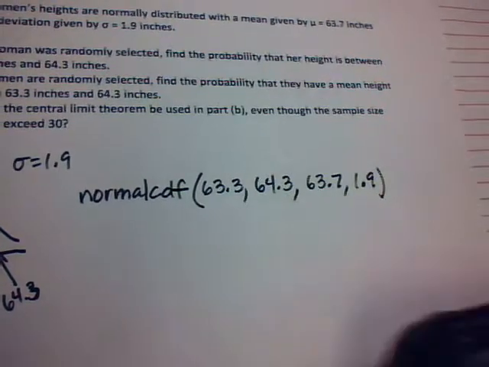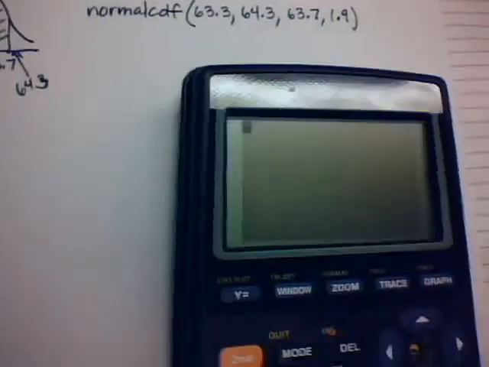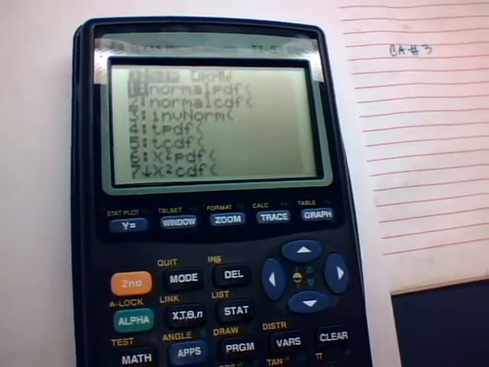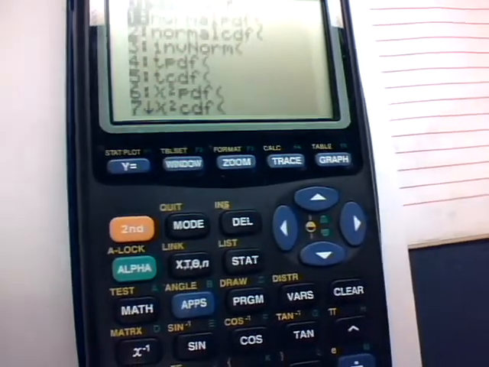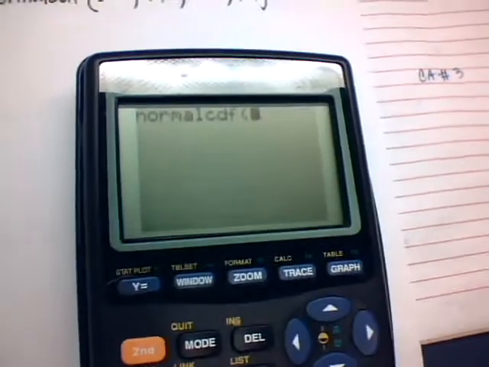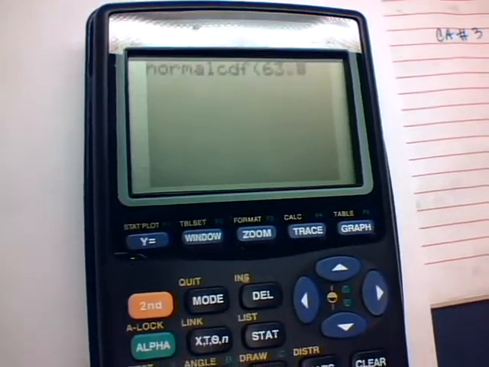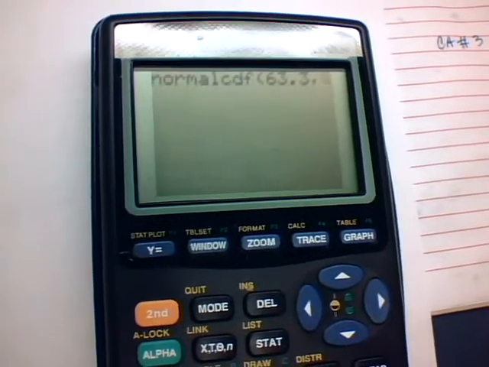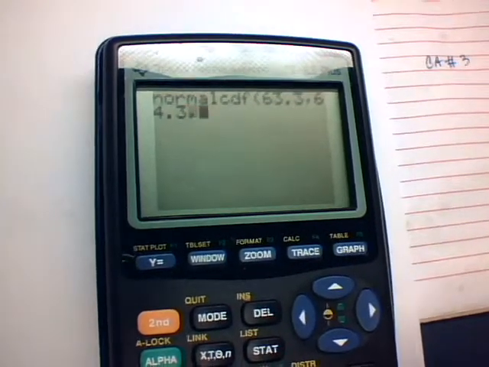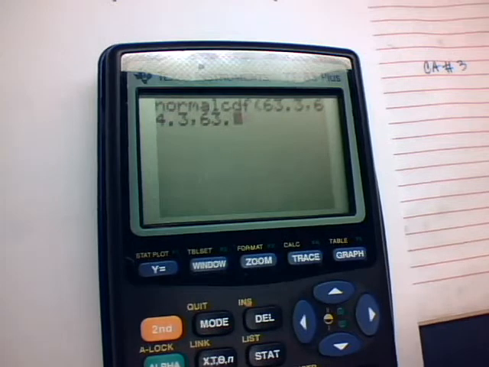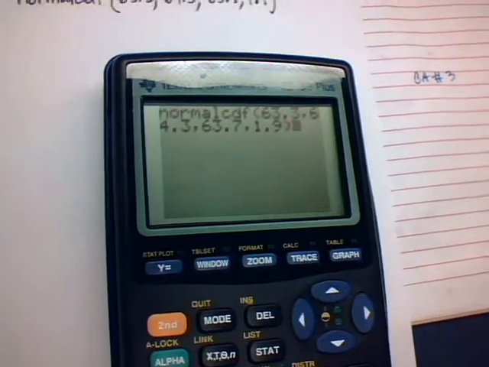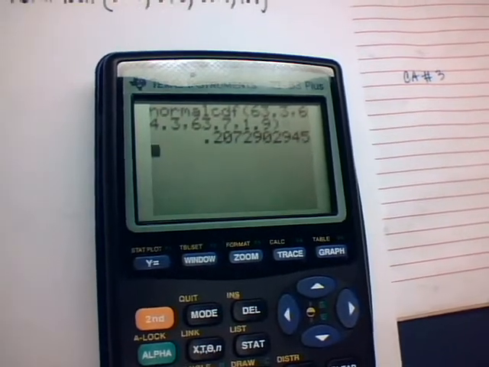So in this case here, we'll select second, and then vars, and then select number 2, and then enter the lower limit, which is 63.3, comma, then your upper limit, which is 64.3, then comma, the mean, which is 63.7, standard deviation 1.9, then close the parentheses, and then hit enter.